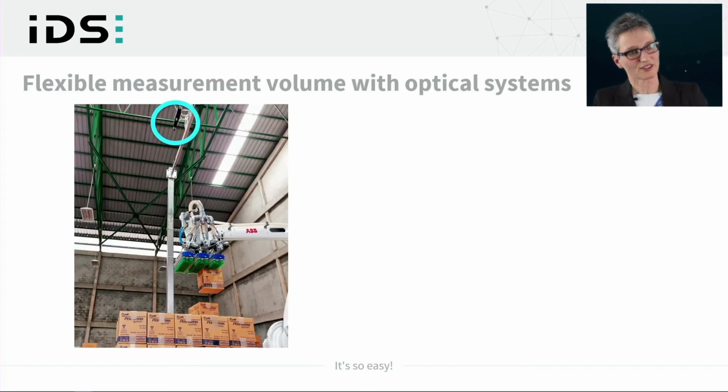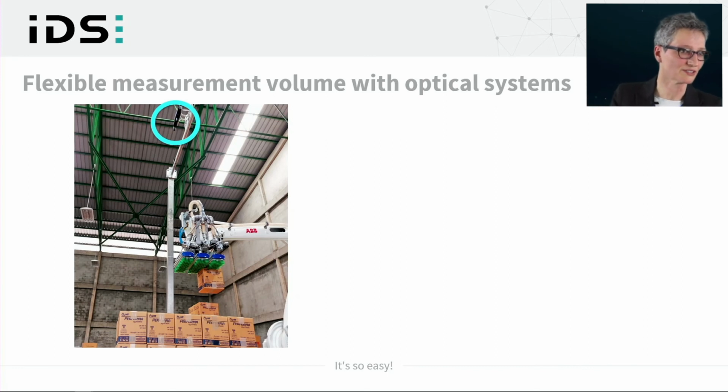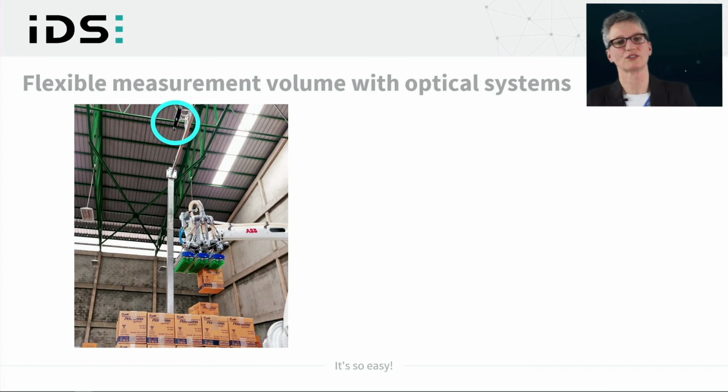Here is the opposite of a small measuring volume. You have a very large measuring volume. You see in the green circle, there is the camera mounted on top of the robot. And this is an application that stacks large boxes onto a pallet. And maybe you ask, why do we need 3D data here? The robot can be programmed to put one box close to the next.